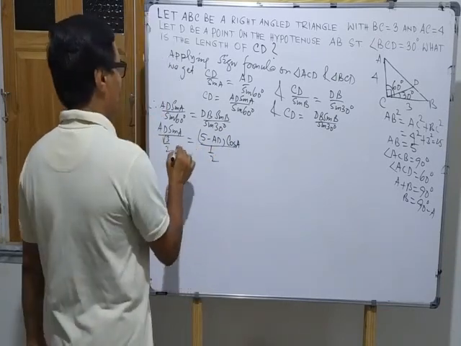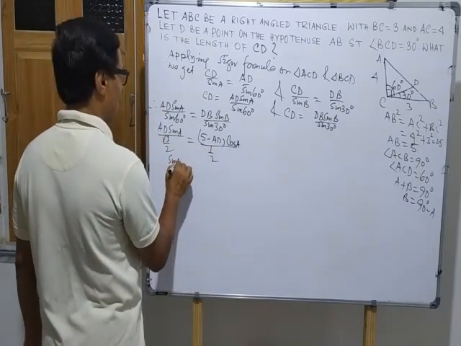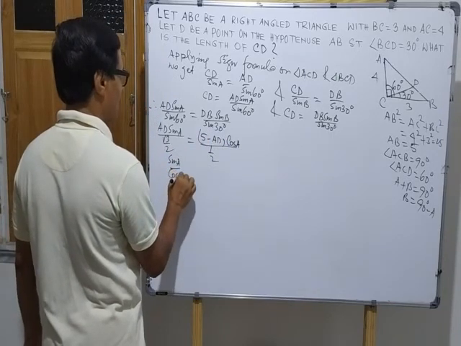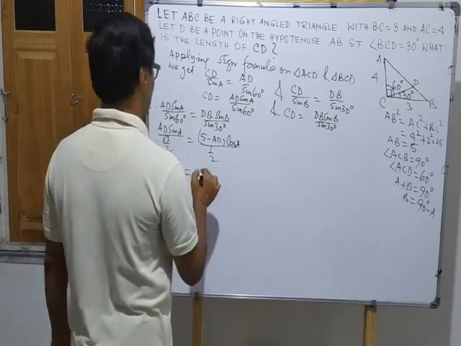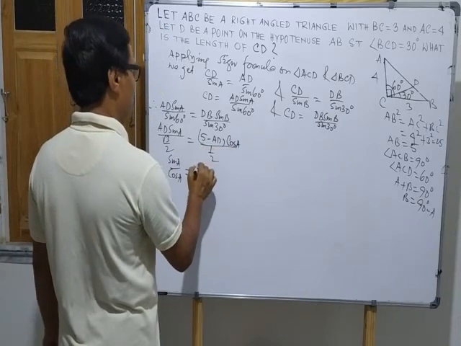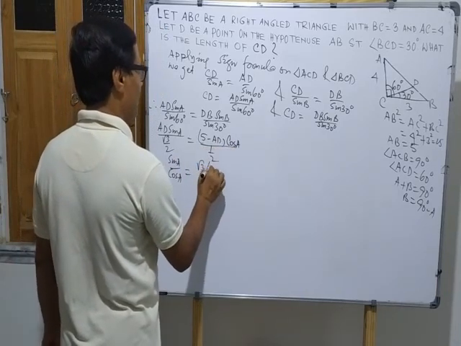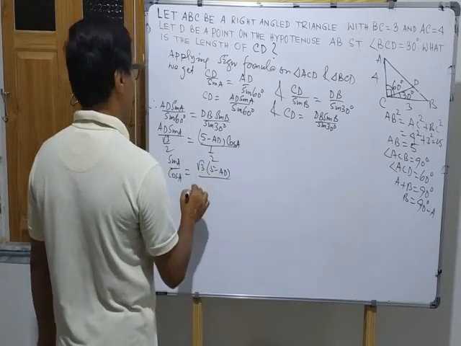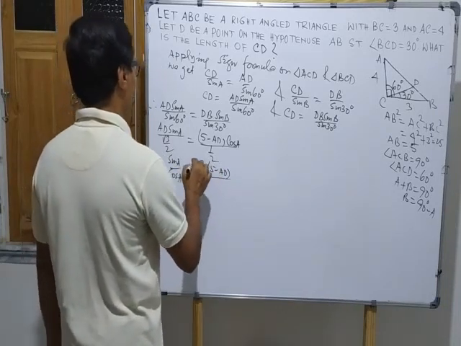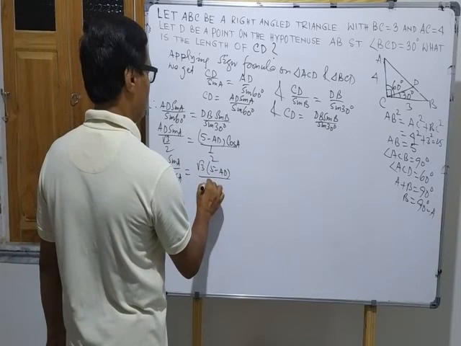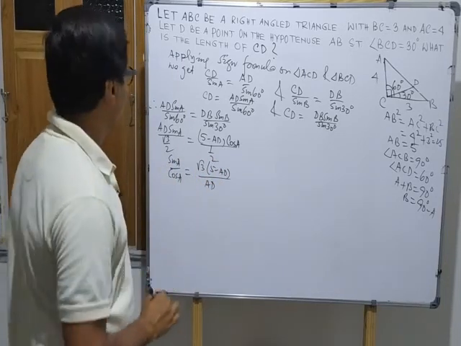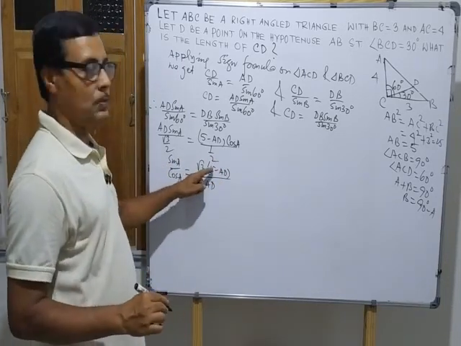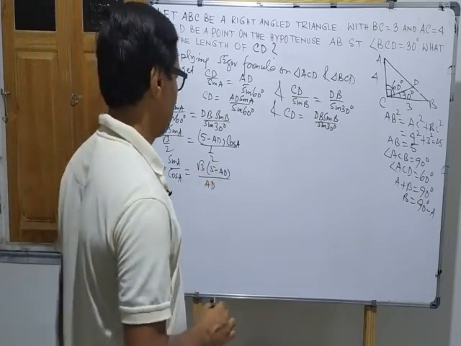So sine A over cos A equal to root 3 times (5 minus AD) over AD.